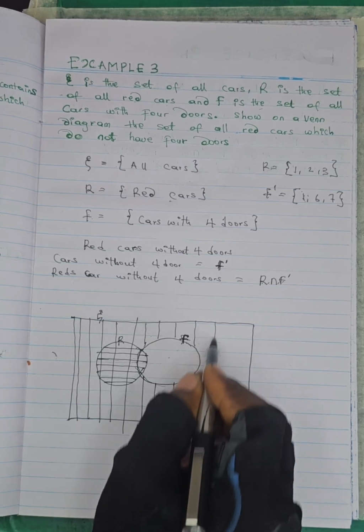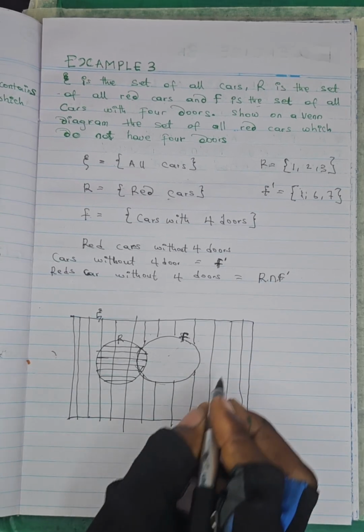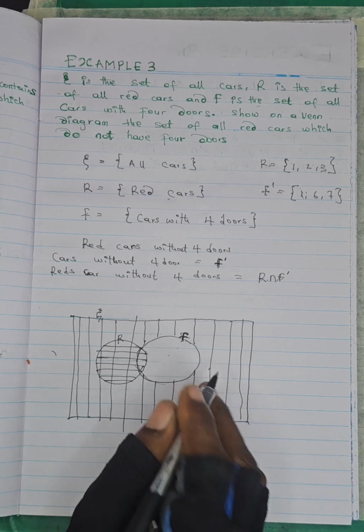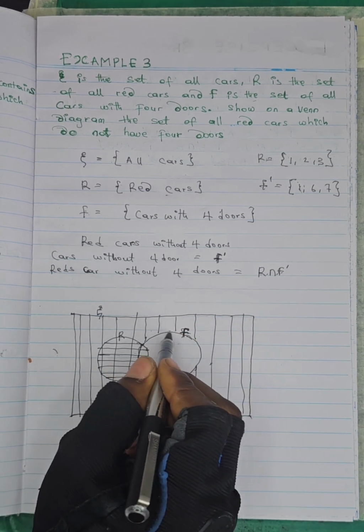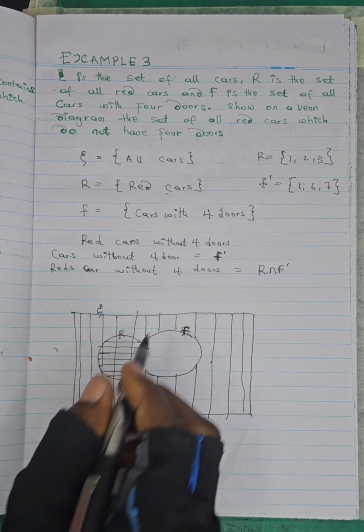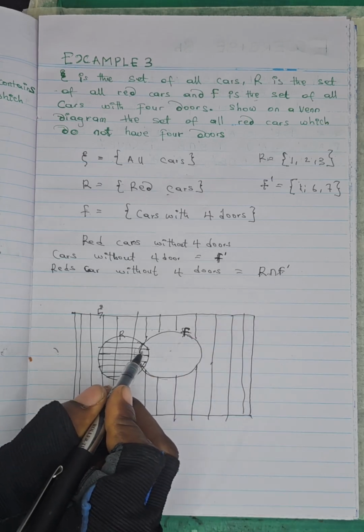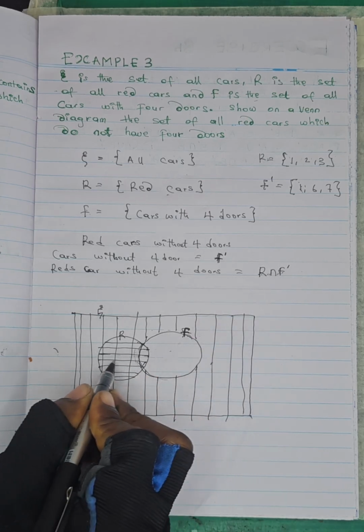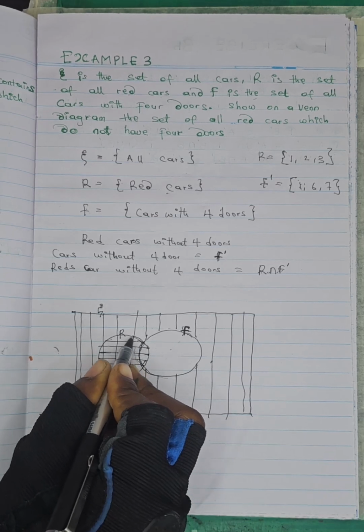This vertical line stands for F complement, that is, what is not in F. From our Venn diagram, what we are looking for is R intersection F complement. So this is it for us, where R intersects this.